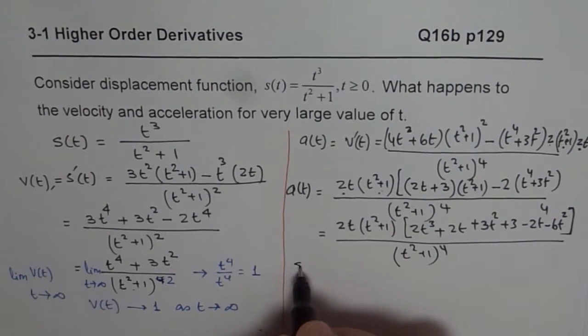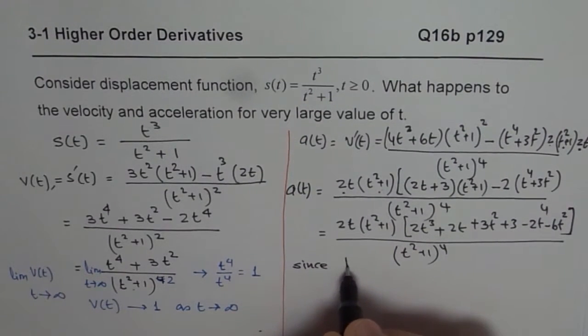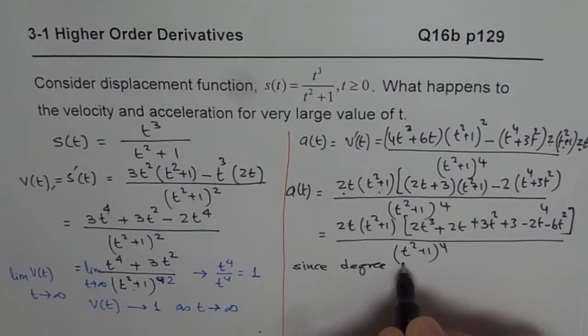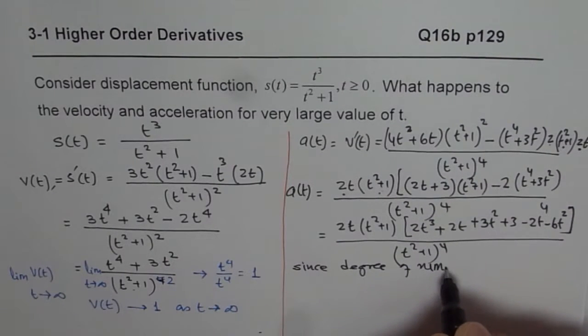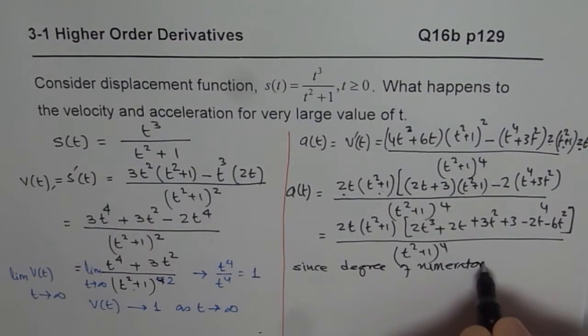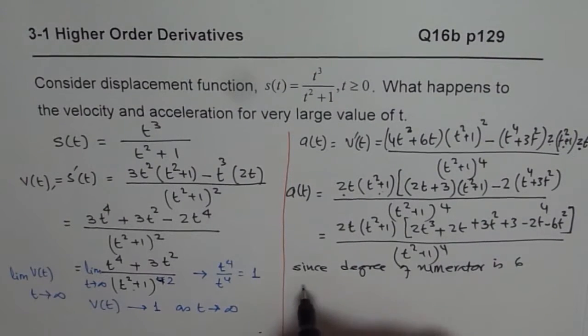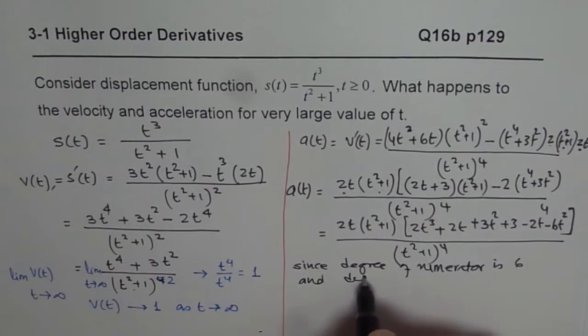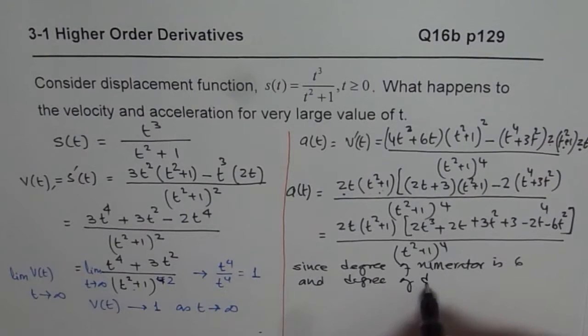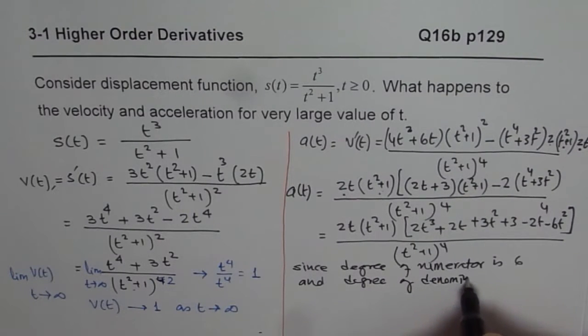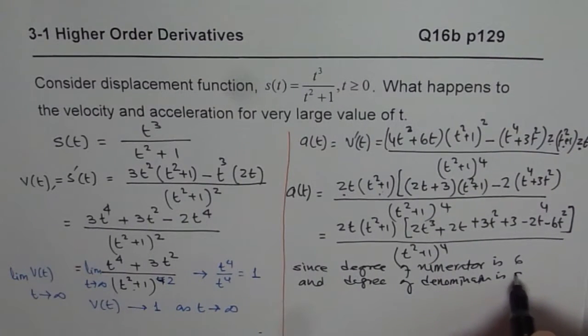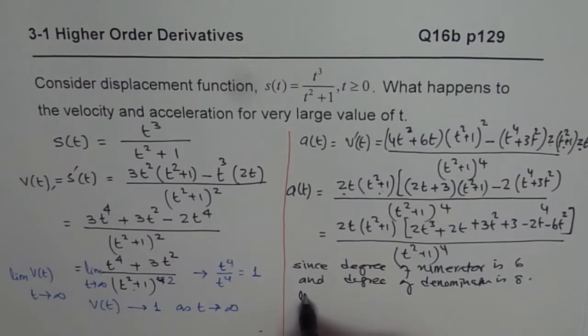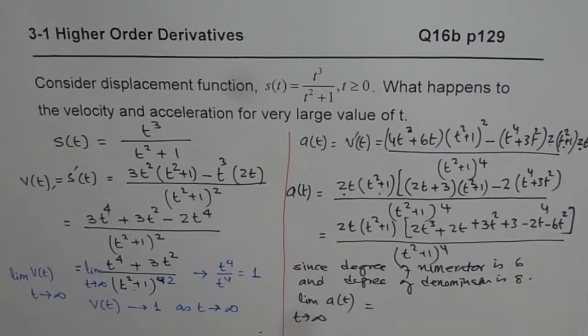Now, the degree of the numerator is 6 and the degree of the denominator is 8. What happens to the limit as t approaches infinity for a of t? Can you tell me that?